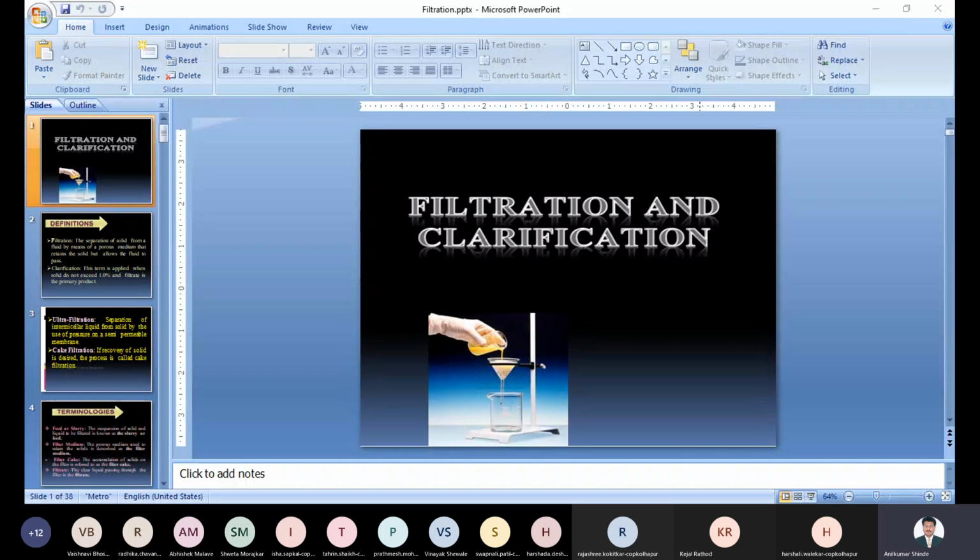And whatever particles are below 0.5 micron remain in the filtrate, coming through with the fluid. So we can use a highly sophisticated instrument. This filtration method is called the ultrafiltration method, right? So you can remove the solid from that liquid with the help of the semi-permeable membrane.